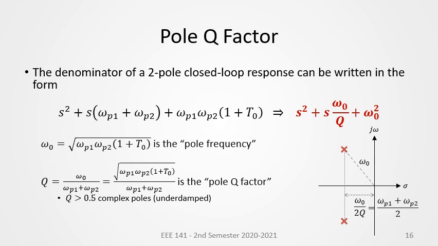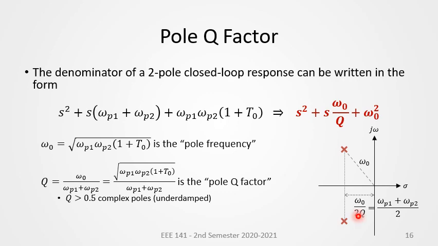Also, if you recall, this distance here is also equal to the average of the original pole locations from the open loop. So this distance here is also equal to omega p1 plus omega p2 over 2.